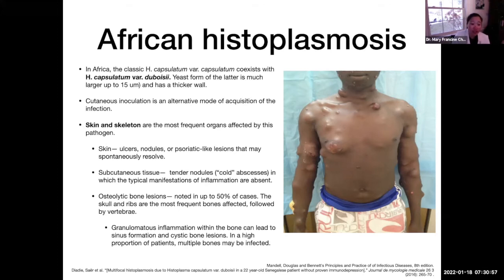And for the skeleton, the bone lesions are osteolytic, and usually the skull and ribs are the most frequent bones affected, followed by your vertebrae. Histopathologically, you will see a granulomatous inflammation within the bone. This can even lead to sinus formation and cystic bone lesions. And it's not uncommon to have multiple bones affected.